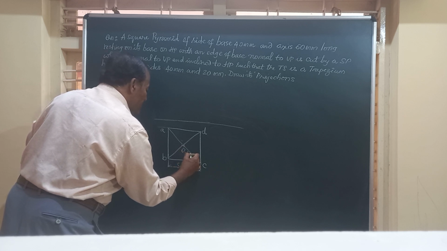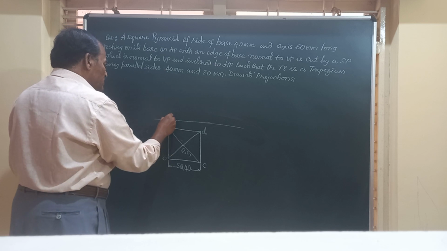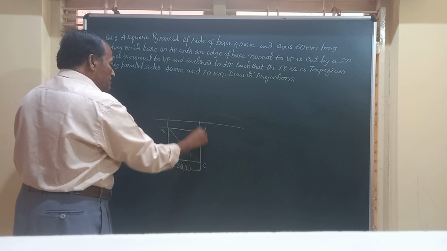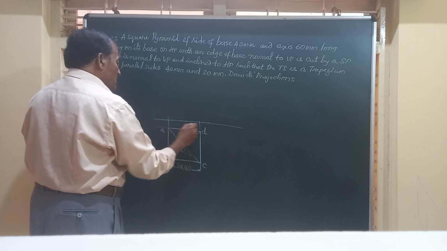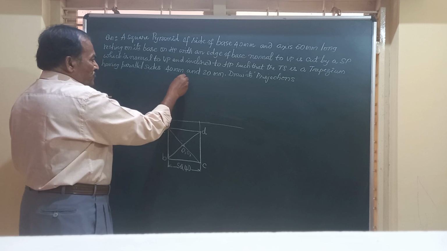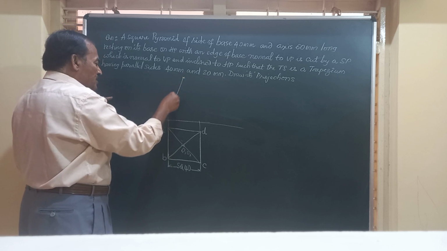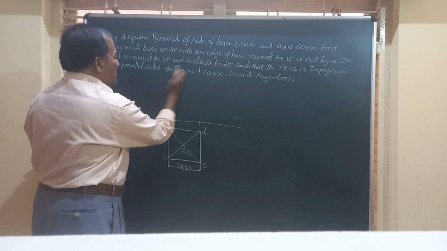O1 is the center of the base, O is the vertex of the solid. So we'll project all these points onto the XY line and obtain the corresponding front view of the solid.